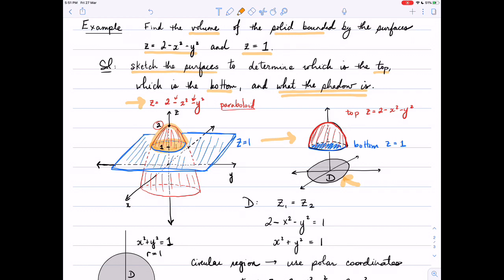So to figure out D, we're going to proceed just like you would have in Calculus 2. We're going to use the comparison method, set the two functions equal, and see what comes out.